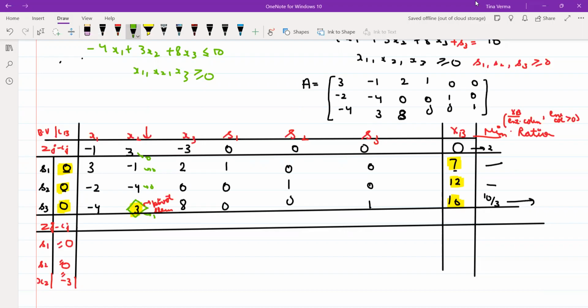That means you are applying the operation on R3, dividing the whole row by 3. So this row will be minus 4 by 3, 1, 8 by 3, 0, 0, 1 by 3, and this entry will be 10 by 3. Is this row clear? Now you have to make this element as 0. How will you make it 0?